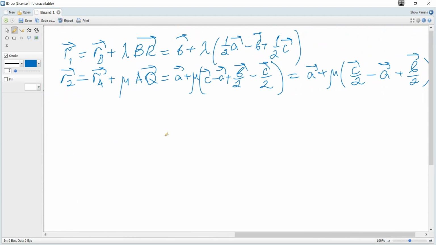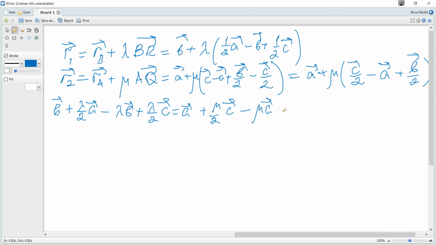And since it's a common point, we should consider simultaneous equations for the two equations of the given lines, and hence we just need to equate these equations, so it becomes b plus lambda over 2 a minus lambda b plus lambda over 2 c is a plus mu over 2 c minus mu a plus mu over 2 b.